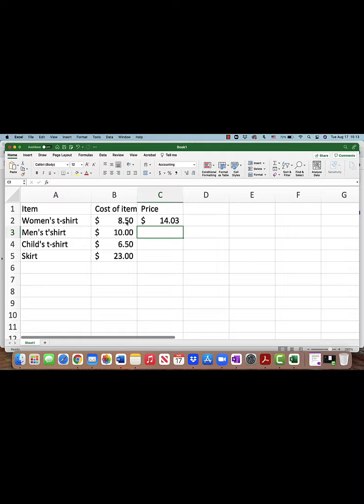Okay, here we go. We get $14.03. We can double click on that bottom right square, or we can drag it. That will repeat the calculations for every single item in the spreadsheet. So that's an advantage of a spreadsheet. Okay, so that's the price. So that's the method that Paula is proposing. I'll just put the P in parentheses here to indicate that that's Paula's proposition.